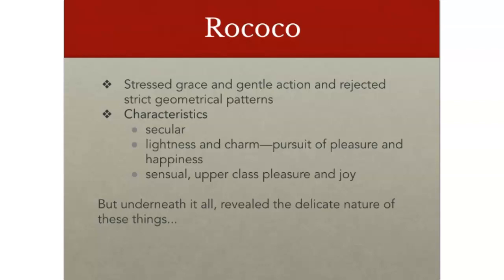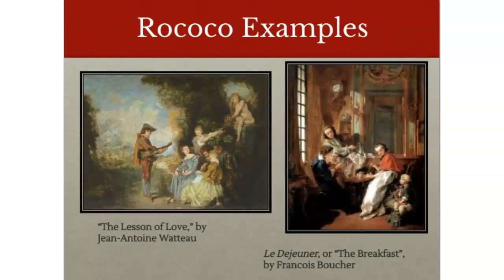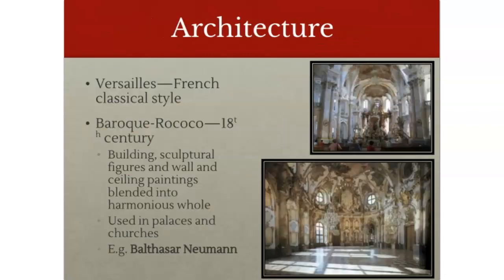A couple examples would be The Lesson of Love by Jean-Antoine Watteau, and The Breakfast by Francois Boucher. And so you might recognize those if they show up on a test or just somewhere, or if you happen to travel, you can impress people with your knowledge of Rococo art.